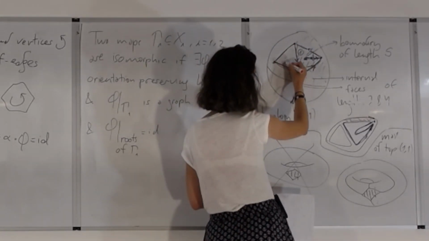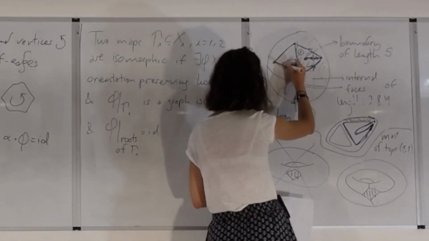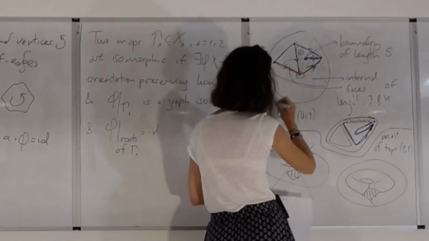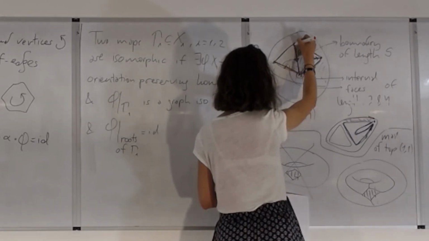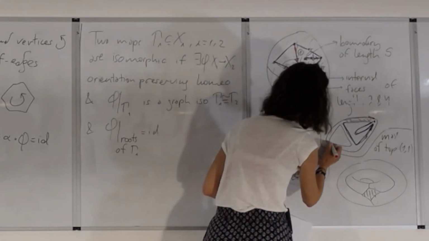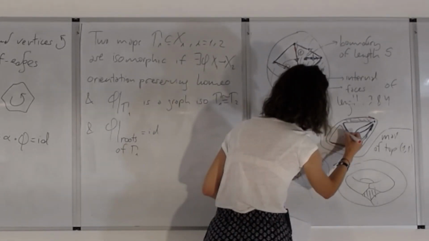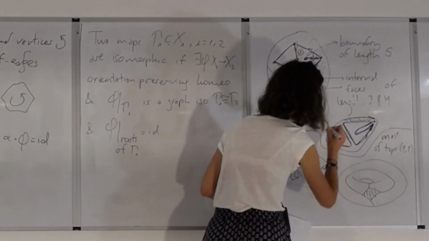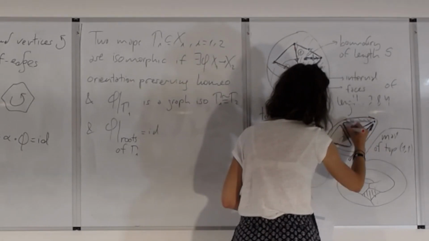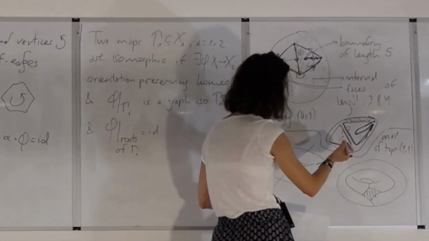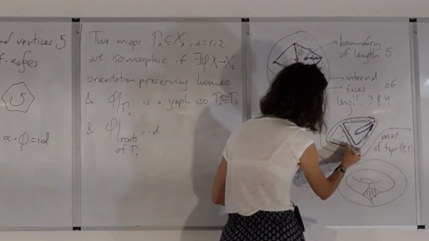Sorry, this is on half edges, so it's a bit misleading in this drawing. It should be this one and this one. Hopefully it's not too confusing. Otherwise I can do it here maybe, but it should be the same. So this one goes to this one by phi, then alpha just pairs it to the other half edge, and then sigma just takes it to the next edge in the vertex.